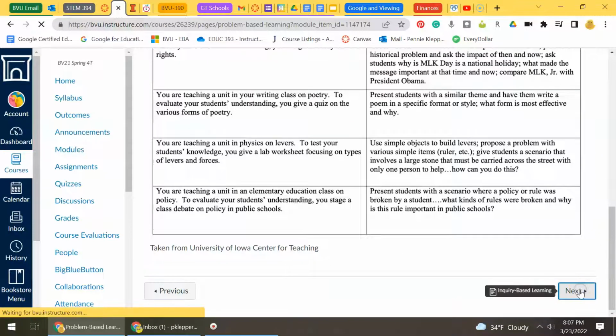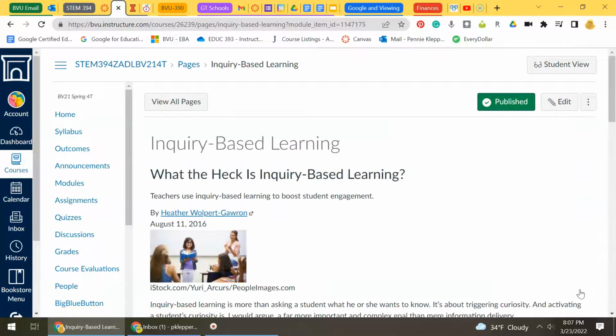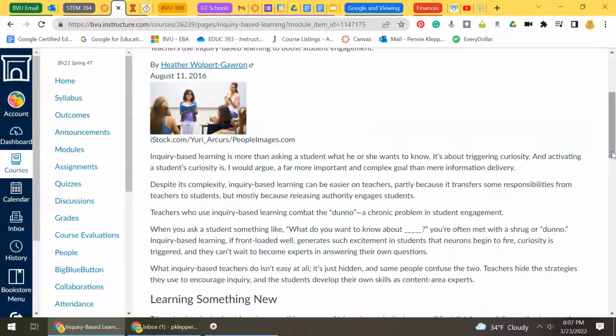Okay, let's go on here. And then what the heck is inquiry-based learning? This is our third one we're going to look into. This is sort of like the ones we used with the wolves. What this is all about is getting students curious and interested in the subject, and getting them involved in their learning.